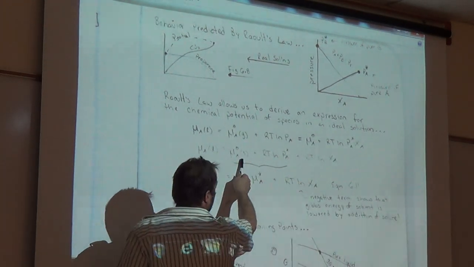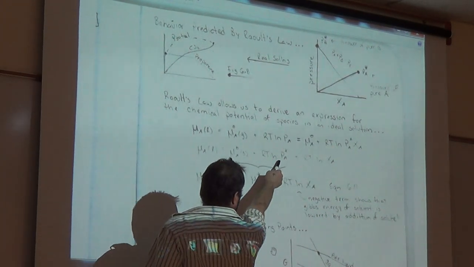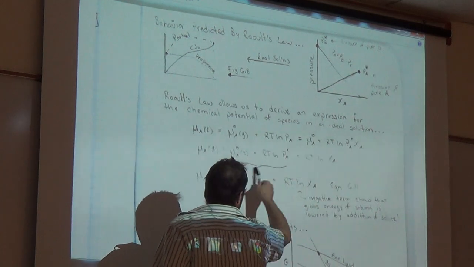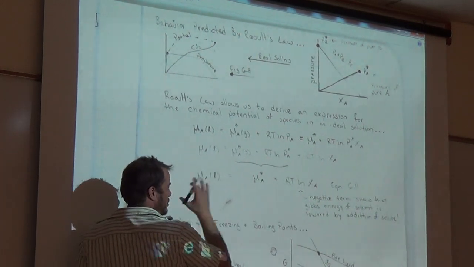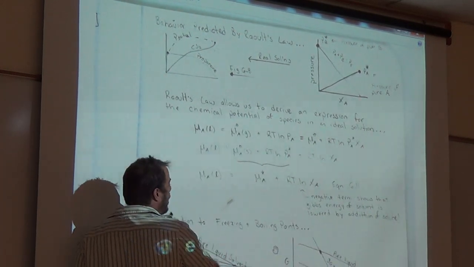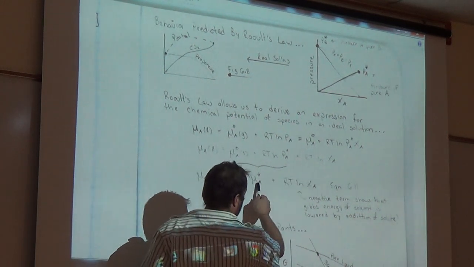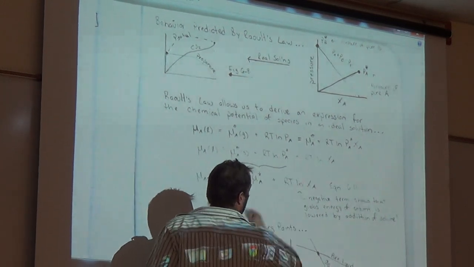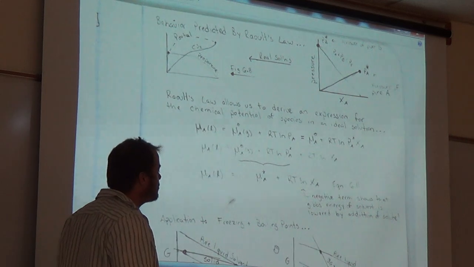So we had to correct the standard chemical potential for the vapor pressure of the pure component. We combine those two together into one chemical potential term, and we get that the chemical potential is this mu star plus RT natural log of the mole fraction.